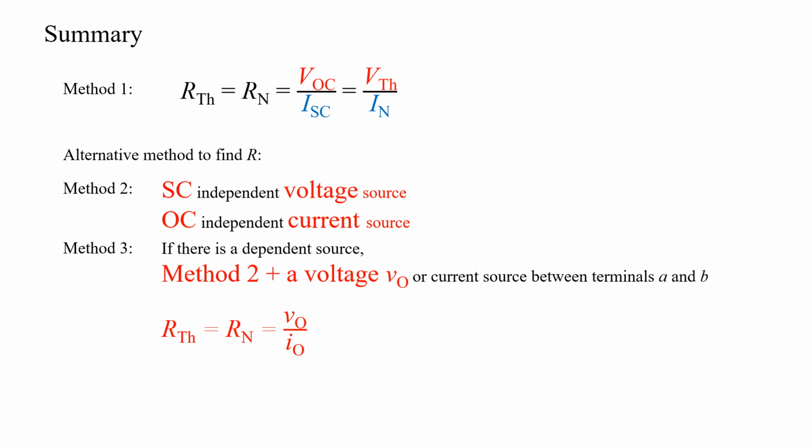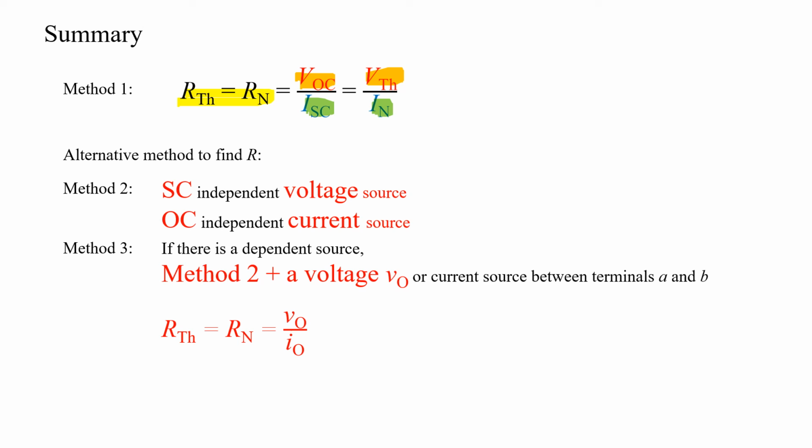Let's summarize what we have learned today. To find the Thevenin voltage, we find the open circuit voltage. To find the Norton current, we short circuit the terminals A and B to find the short circuit current, ISC. To find the Thevenin resistance and also the Norton resistance, we take the Thevenin voltage VTH divided by the Norton current IN. This will be able to solve our problems.